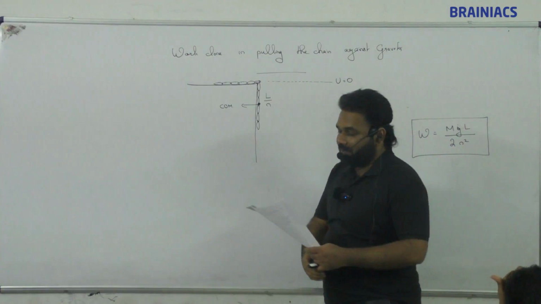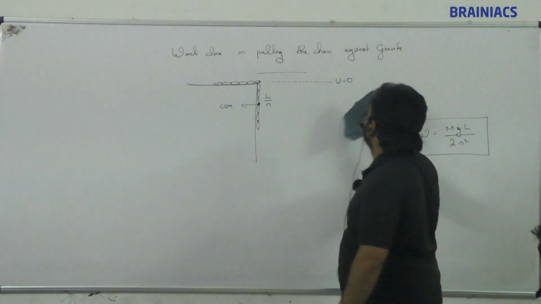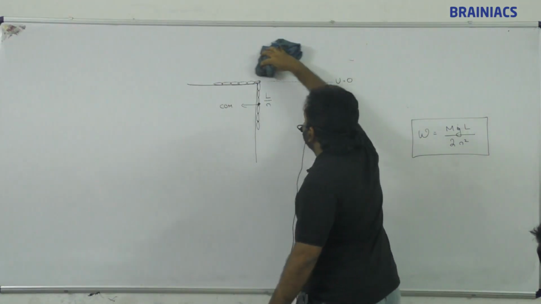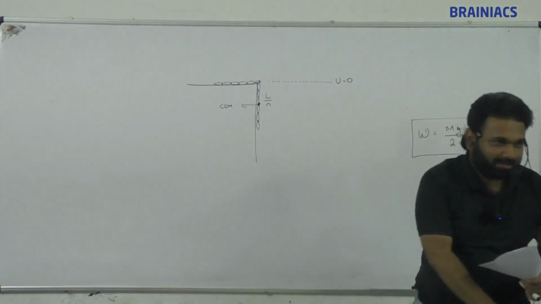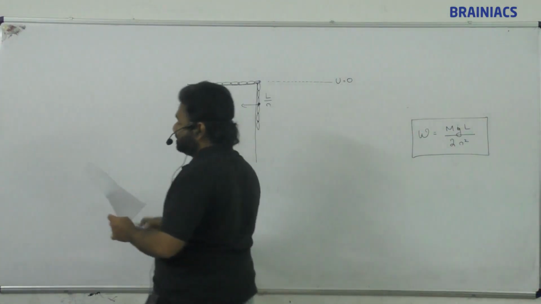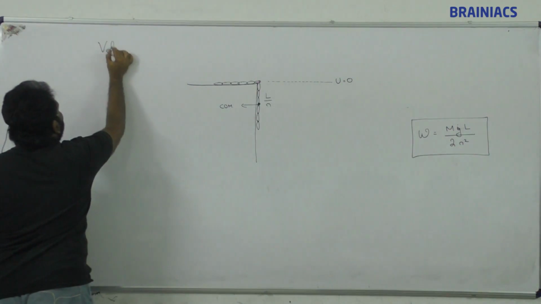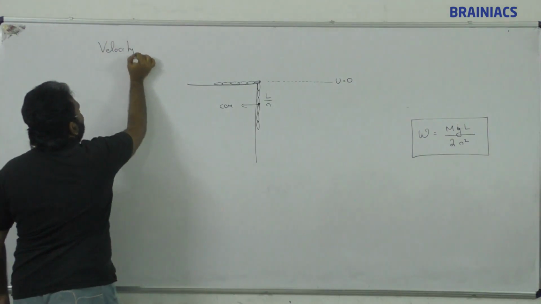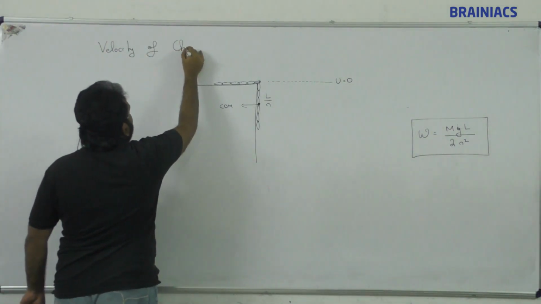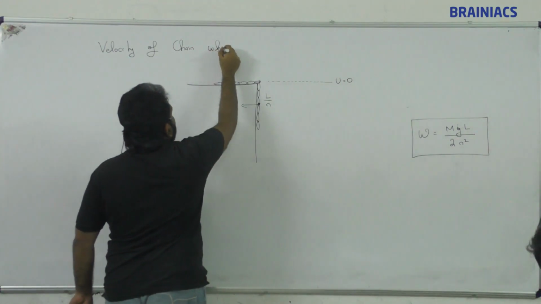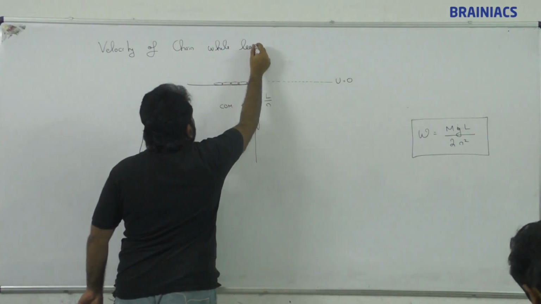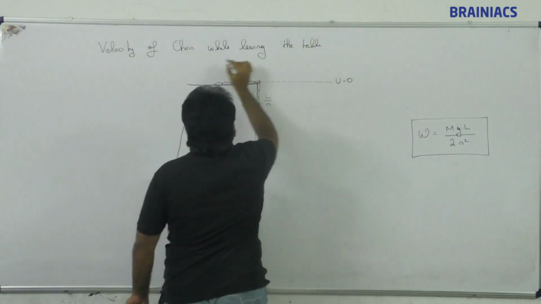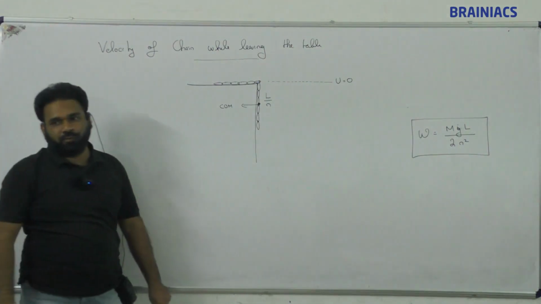Okay, the next is velocity of chain while leaving the table. Suppose this is the initial position.